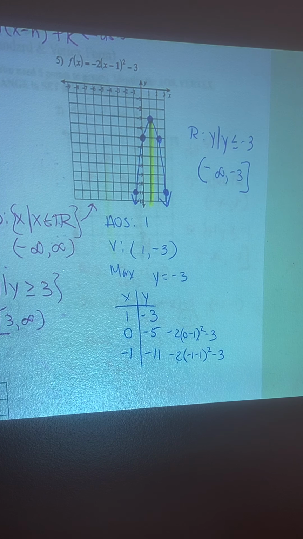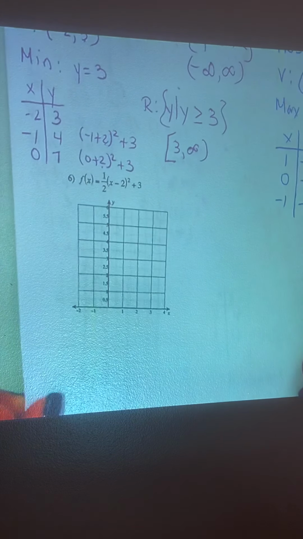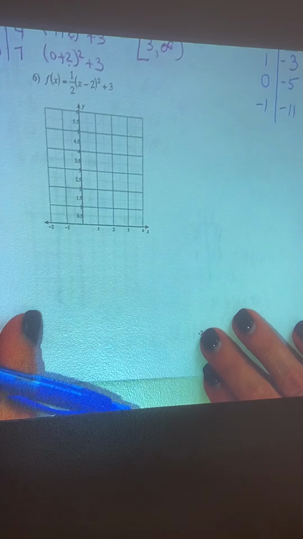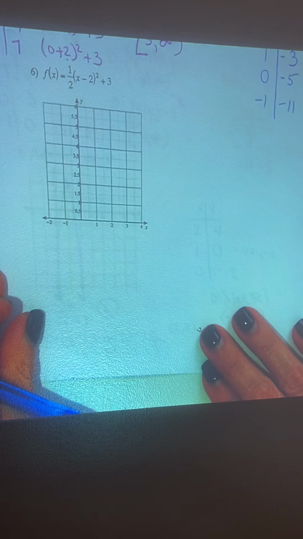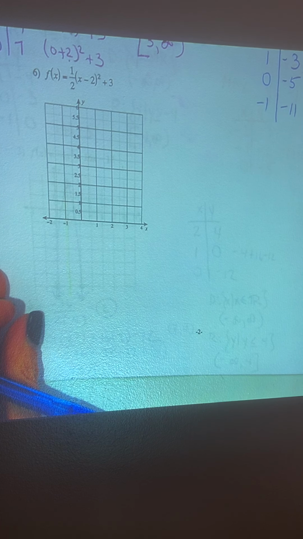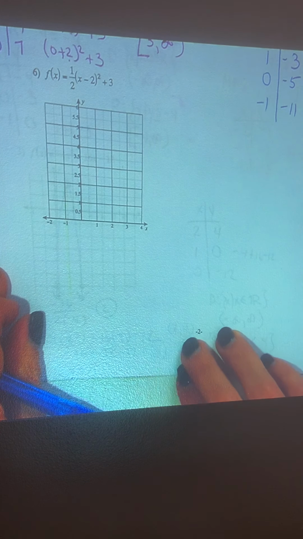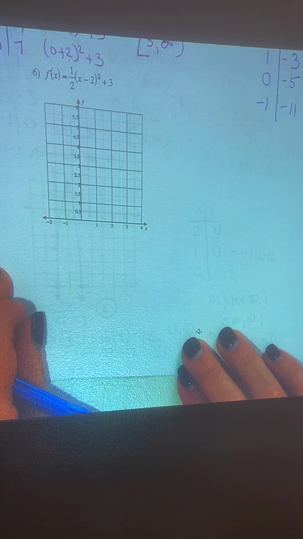And the last one. We have a fraction. Oh no. By the way, 4 and 5 both have no solutions because they are not touching the x-axis.